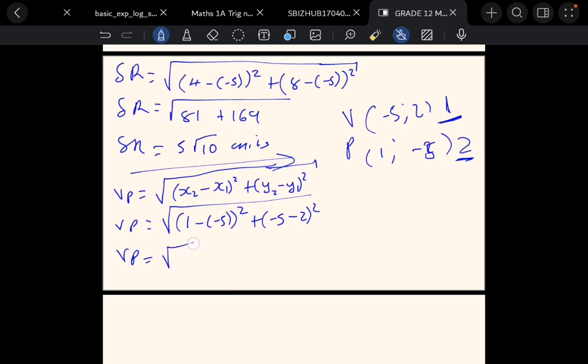Your answer is going to be root 45 units.